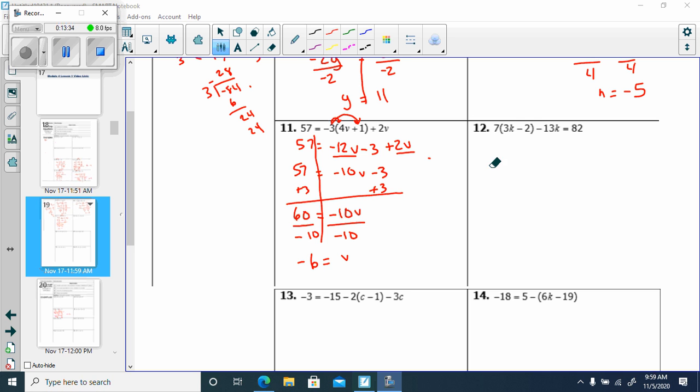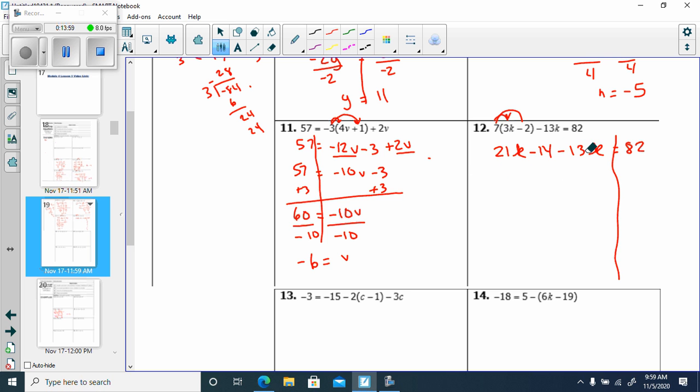On number 12, we've got our distributive property here. 7 times 3 is 21, so that's 21k. Minus 14 minus 13k equals 82. Okay? This side we've got to do some work on, right? It's not as simple as it can be.